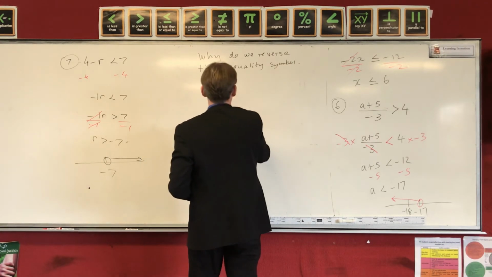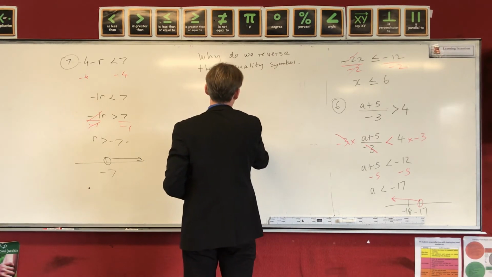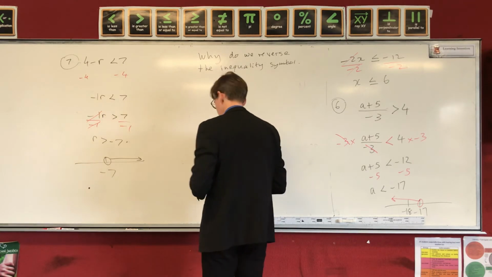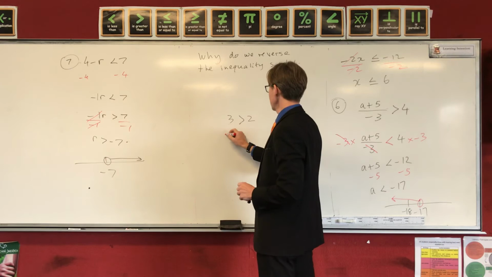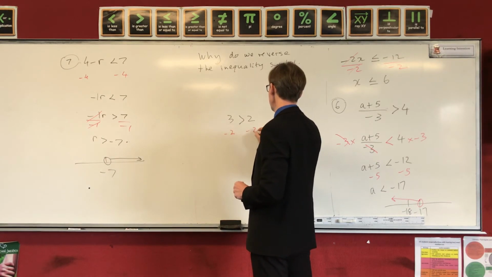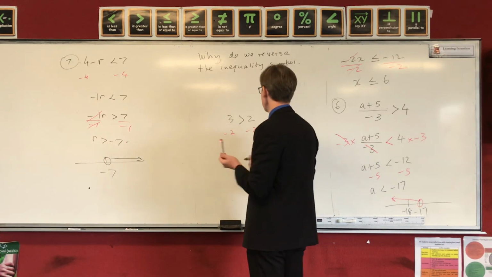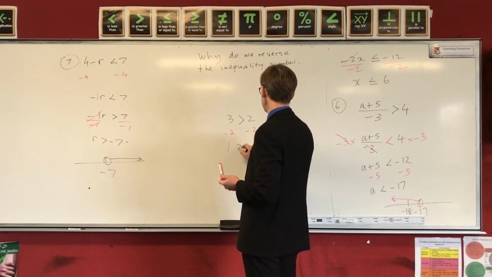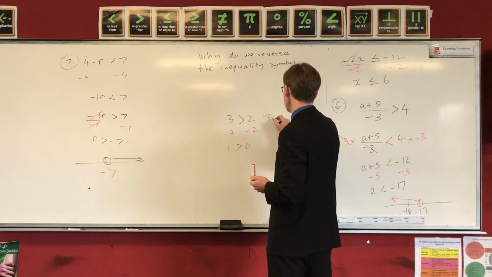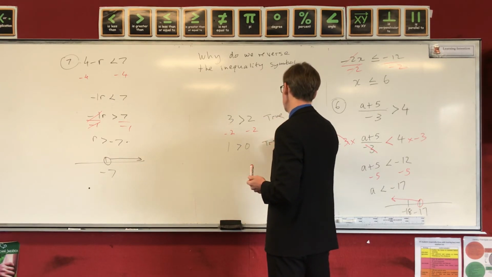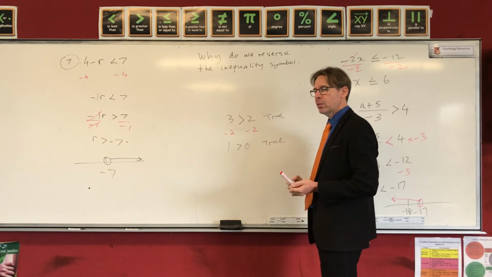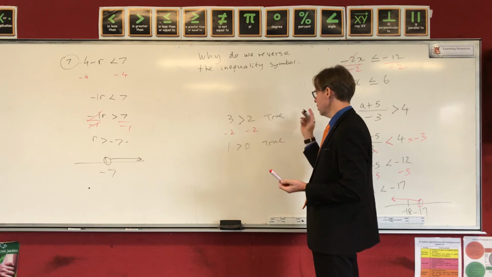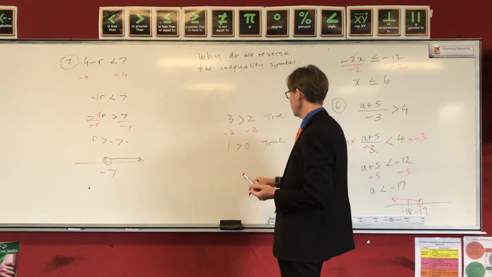If I've got 3 greater than 2, and I take 2 from both sides, what do I get? 1 is bigger than 0. Now that's true, isn't it? This is also true. So I can subtract from both sides and I've still got a true statement. There's nothing wrong with this.